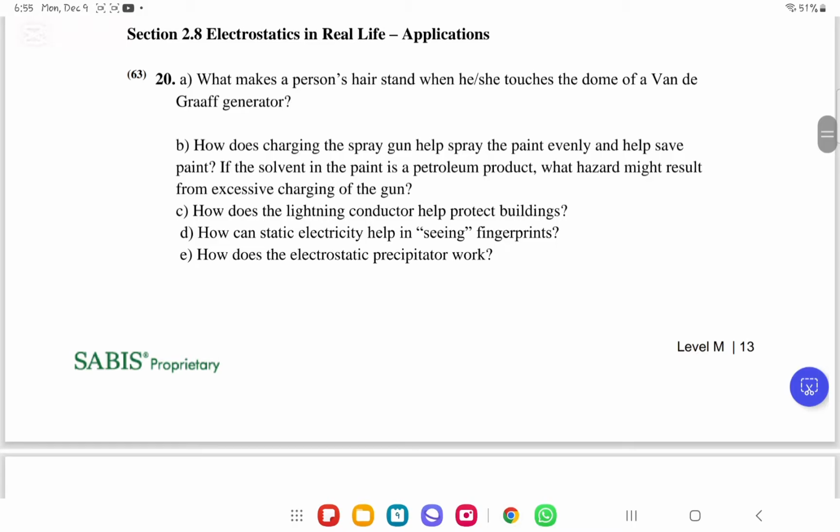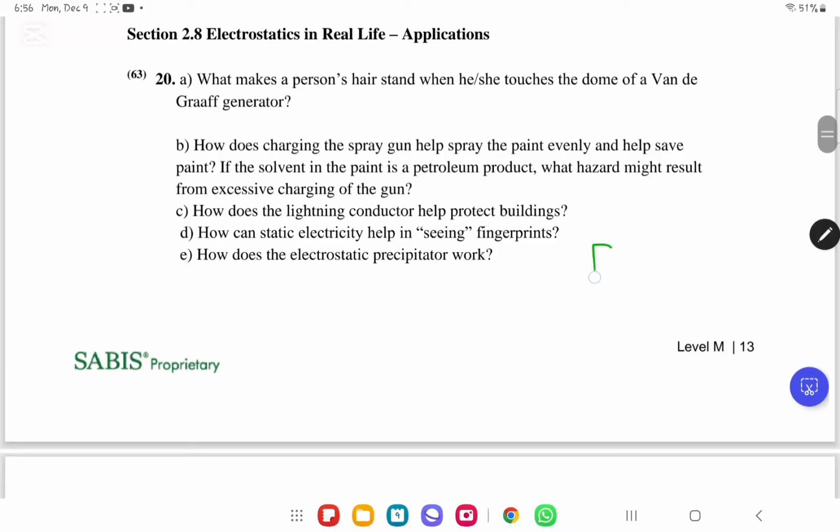The powder particles will lose their positive charge and acquire a negative charge, and so they stick only to the ridges of the fingerprint, and that helps us see the fingerprint.